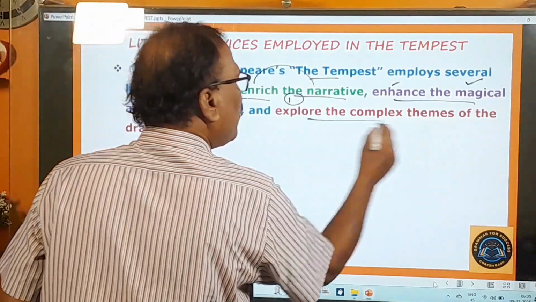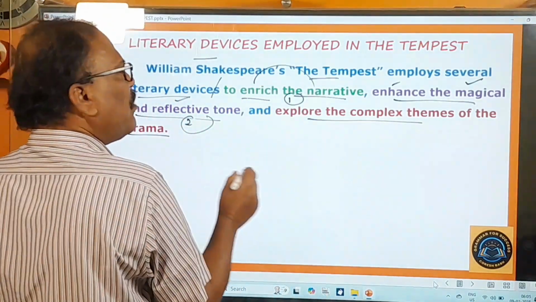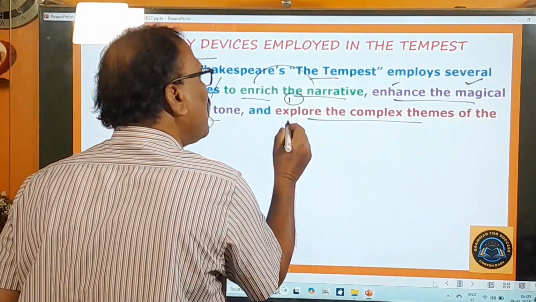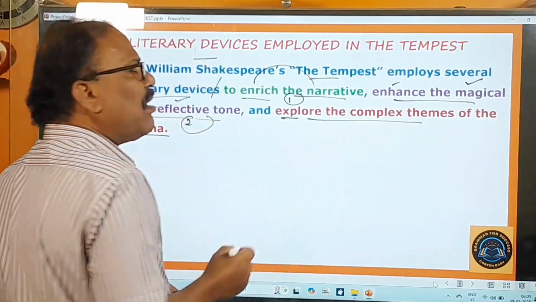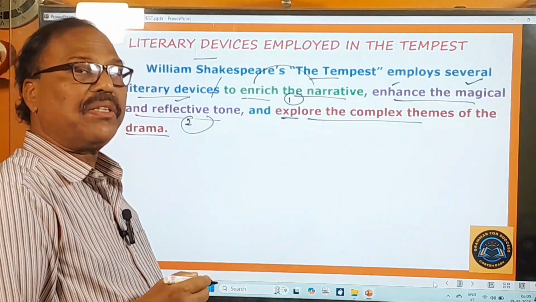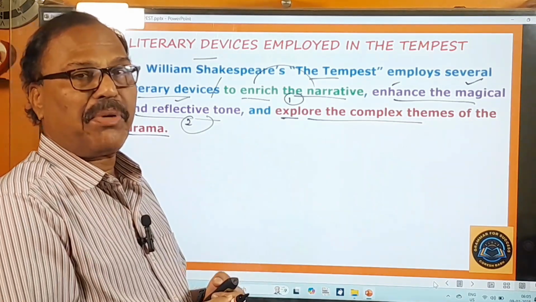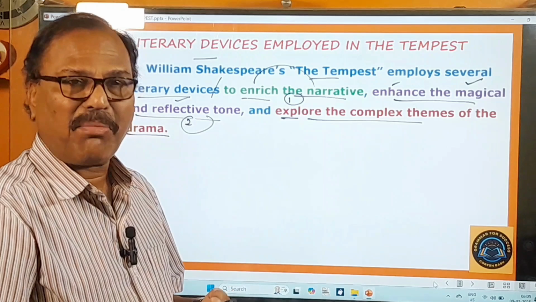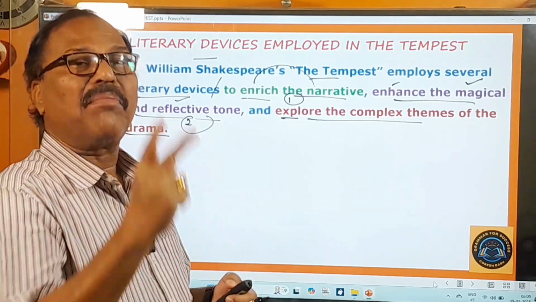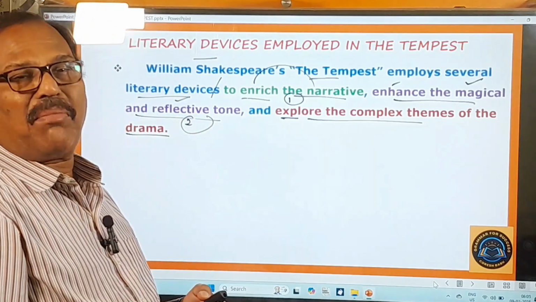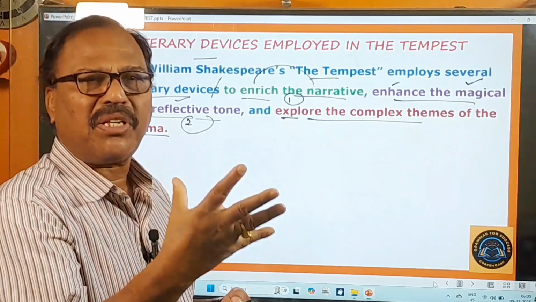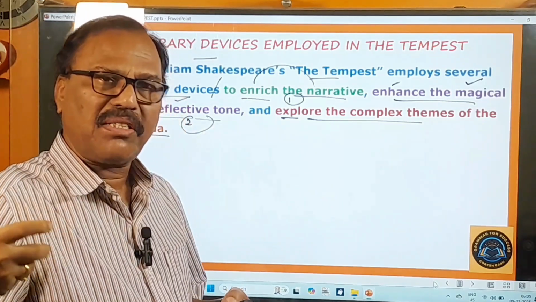And to explore the themes of the drama. To explore means to study the complex themes of the drama. What are the themes of this drama? Love is the theme of the drama. Betrayal is the theme. Power and control is the theme. Forgiveness and redemption. There are several themes in this drama.